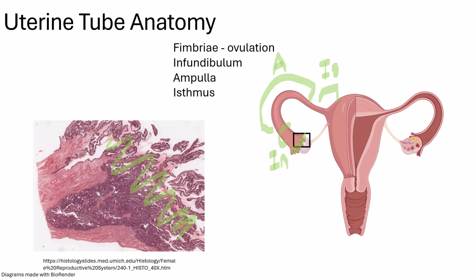The cilia of the uterine tube and the smooth muscle surrounding the uterine tubes assist in the movement of the oocyte or the fertilized egg along this path, because neither of those two structures, oocyte or fertilized egg, have anything like a flagellum.